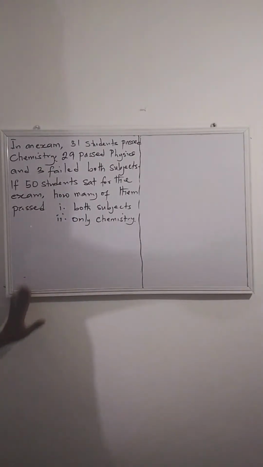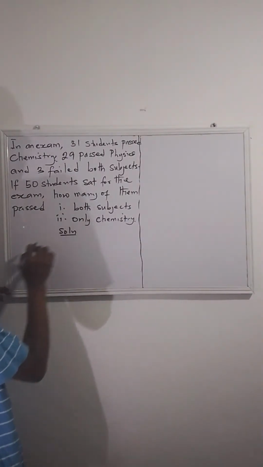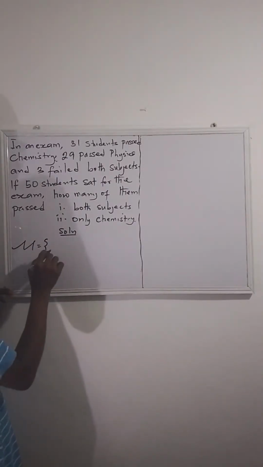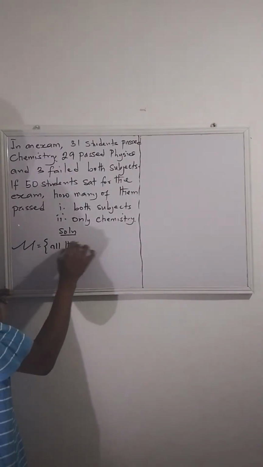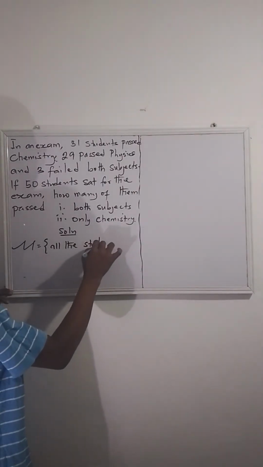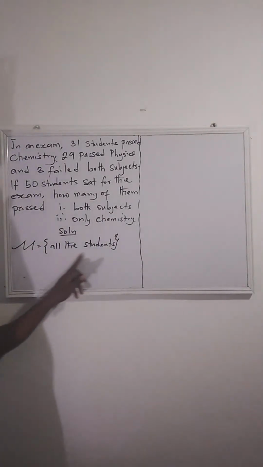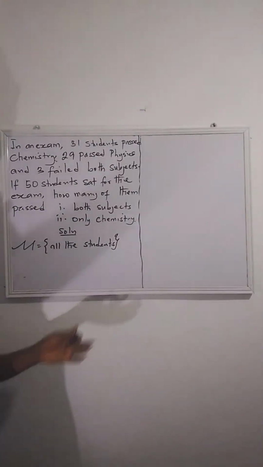So now let us start with the solution. The first thing is to say, let U represent the set of all the students. That is the set of those that sat for the exam.